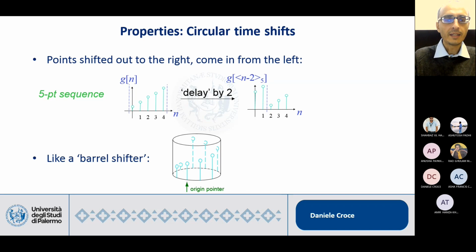This is sort of like a barrel shifter, where you delay the points in a circle, not linearly. So this is a circular time shift. Is it clear?